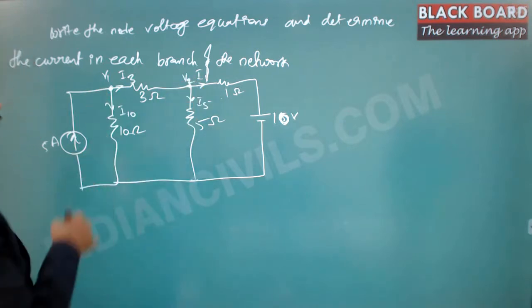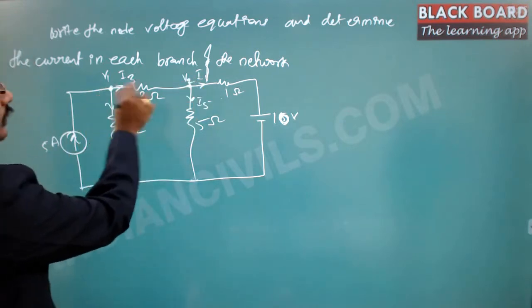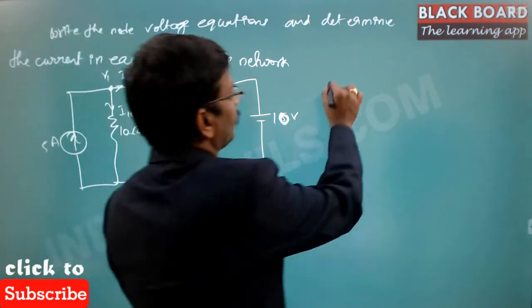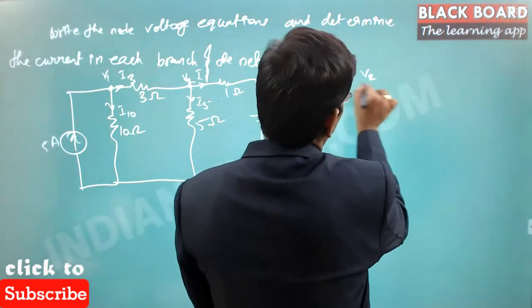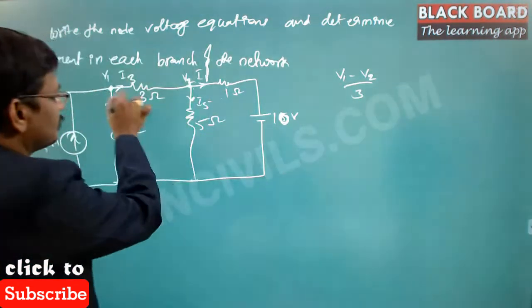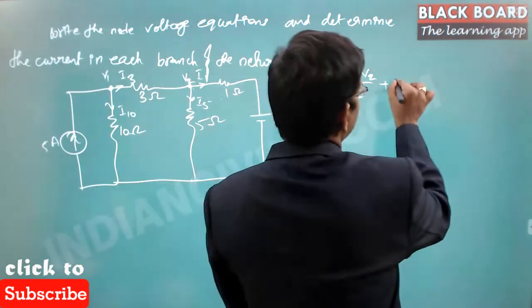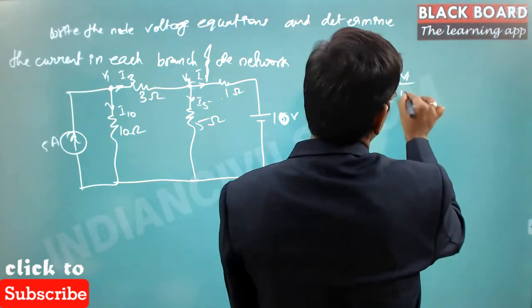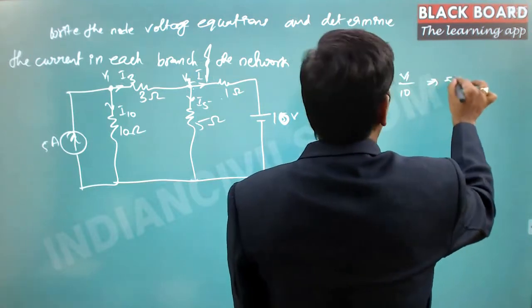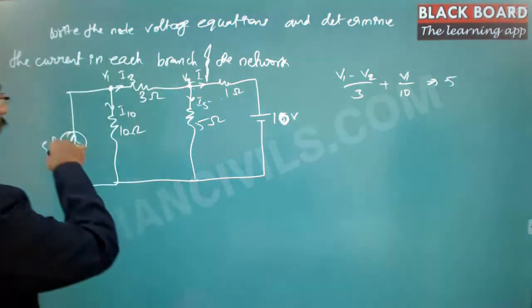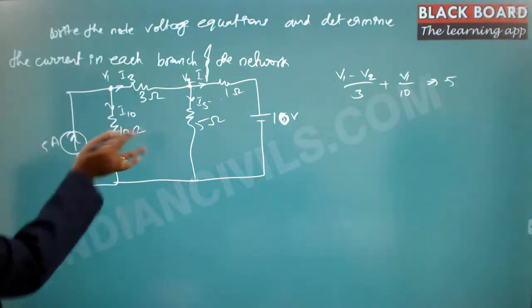Then if you write the nodal equation here, this is V1 minus V2 by 3, that is the current passing through this resistance, and then V1 by 10 plus V1 by 10, and this value is equal to 5, because this 5 is coming towards the node and these are going out.